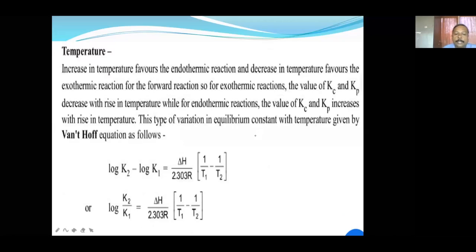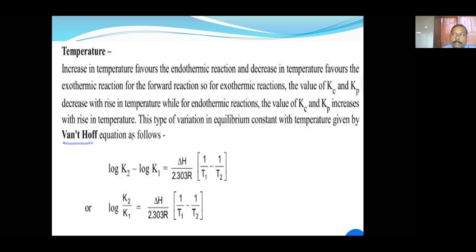Next, temperature. One of the scientists derived an equation for our comfort, but nowadays they are giving questions on the application part, on understanding the formula. Those people who believe in memorizing the formula will be trapped over here. How they are going to ask that, I will tell you in the next slide. This is called the Van 't Hoff equation.